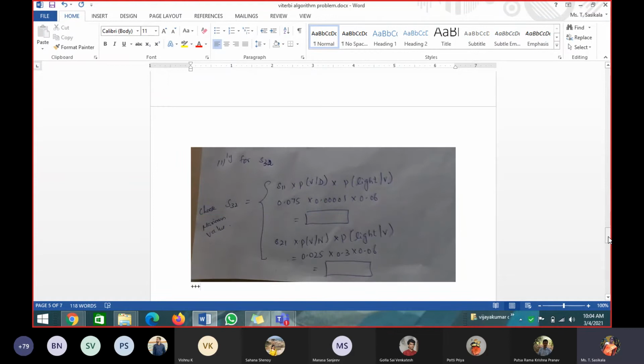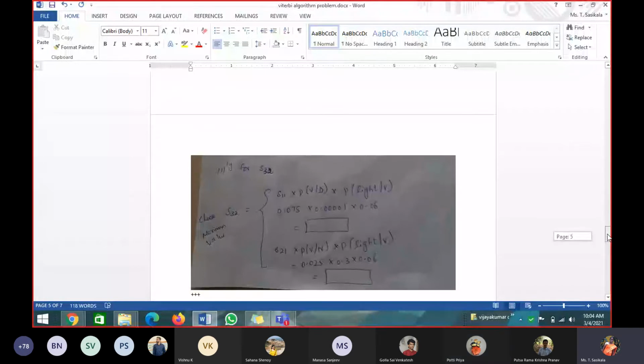S11 combination or S21 combination? S21, ma'am. S21.